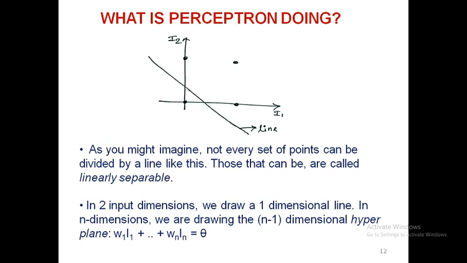One line is enough to separate the inputs into two classes, one firing and the other non-firing. In n dimensions, we need to draw an n minus 1 dimensional hyperplane, because your equation will become W1 I1 plus W2 I2 plus and so on, Wn In equal to theta. In that case, you get the n minus 1 dimensional separating hyperplane. Okay.